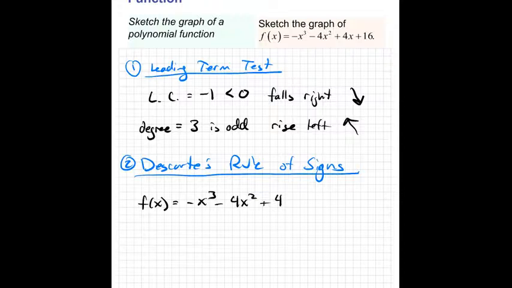If we count the number of sign changes, we have one sign change, right? So what this means is that there's one possible positive zero. All right, so if we find a positive zero, then we know it's not going to be any more positives.